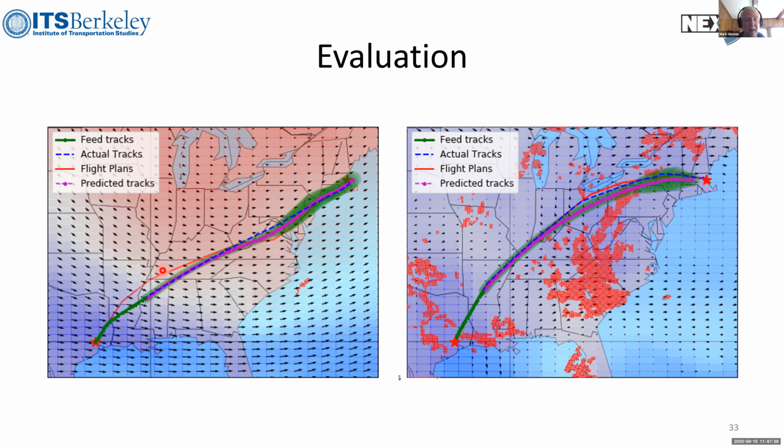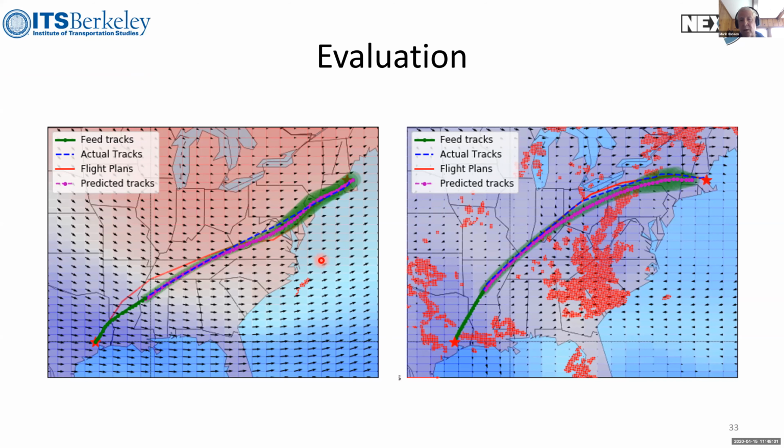We see what the flight plan said. That's the red line. One thing we also see is that we are able in this process to not just get point predictions, but a confidence interval around the trajectory. That's what the green, it looks like a cloud, represents.